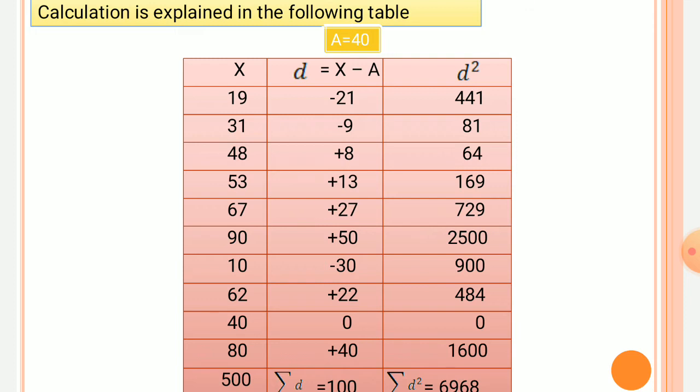Now d square: minus 21 whole square 441, minus 9 whole square 81.